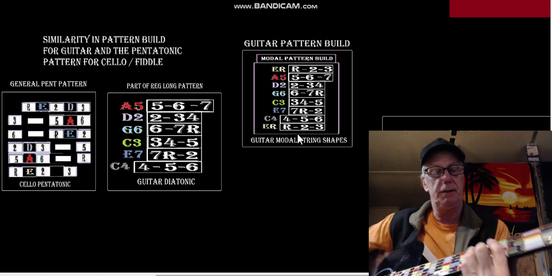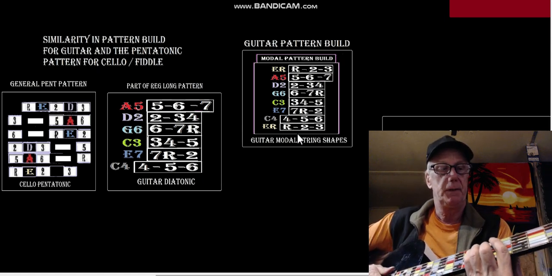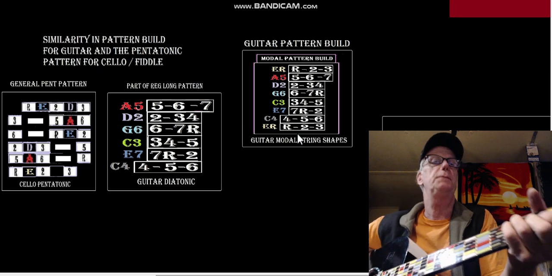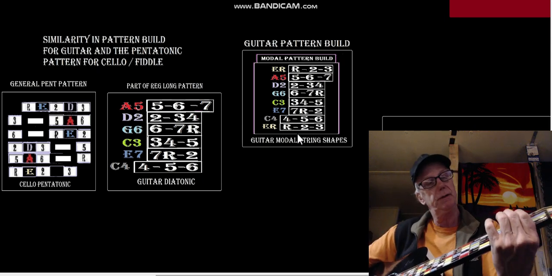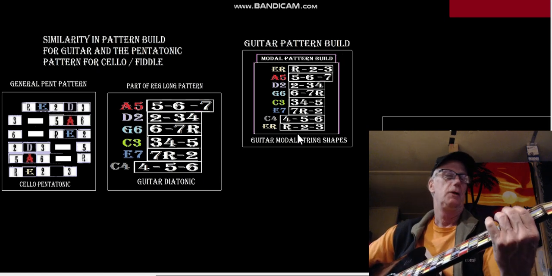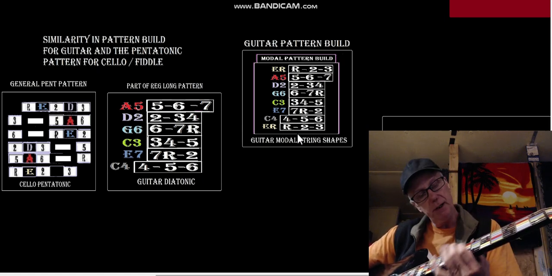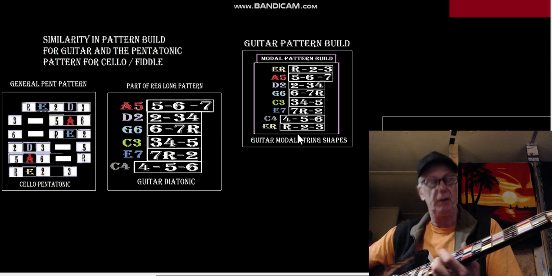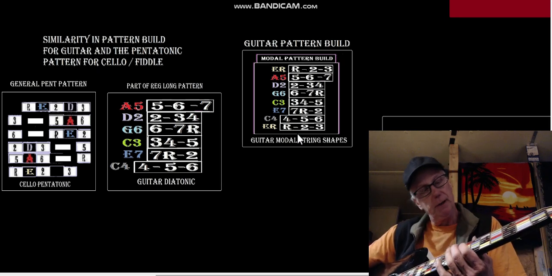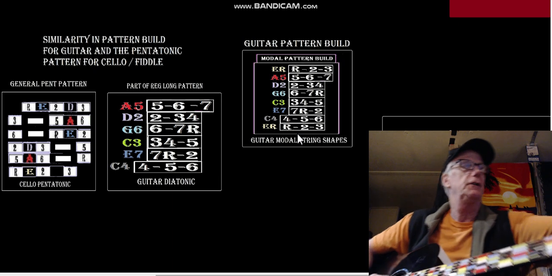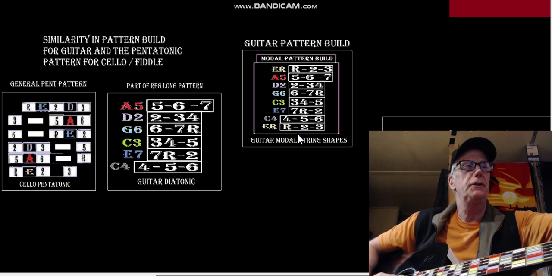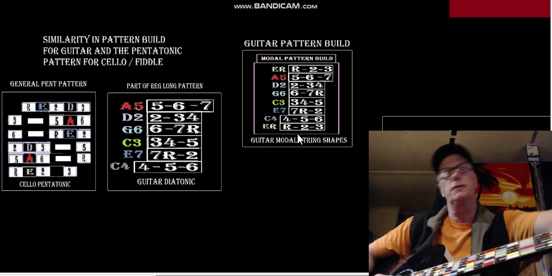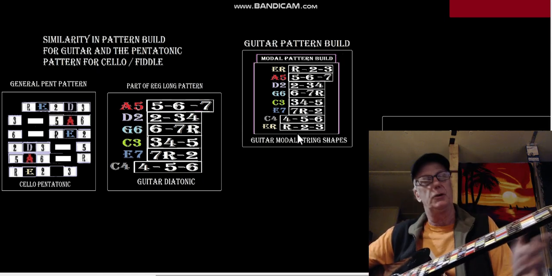So here's your E, and here's my E shaped C. Okay, so there's a root 2, 3 on string 1. I call it string 1 because it's low, so I just call here low. String 1, string 2, string 3, string 4, string 5, string 6. Most people call it the other way around.